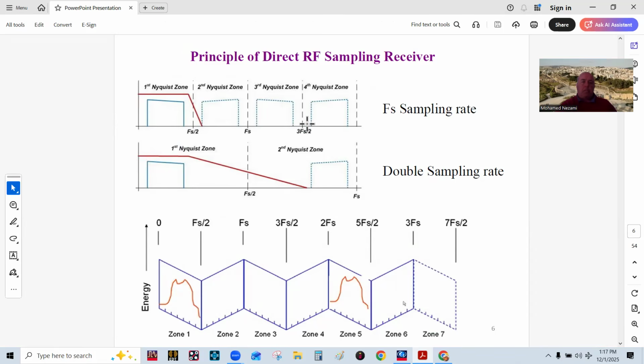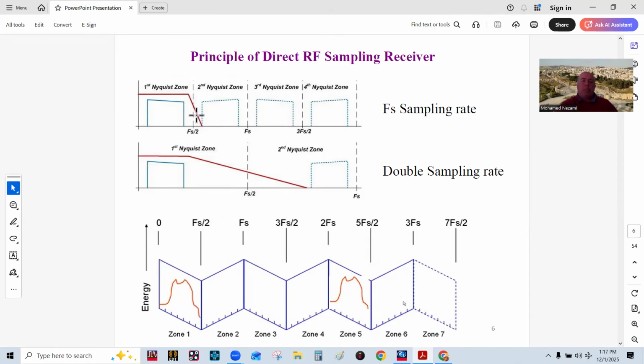So when you're digitizing a signal using Fs, which is the sampling frequency, at every multiple of half of the sampling frequency, you're going to get exactly a mirror image of the same signal. Now, one of them is desired, the other one is just an image. And of course, as you can see here, one of them is spectrally inverted, but still contains the same information.